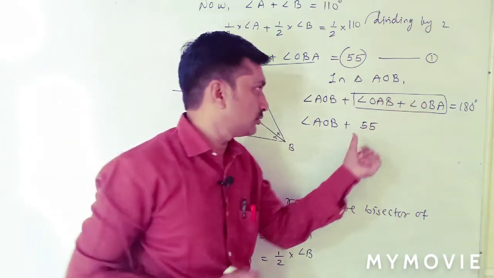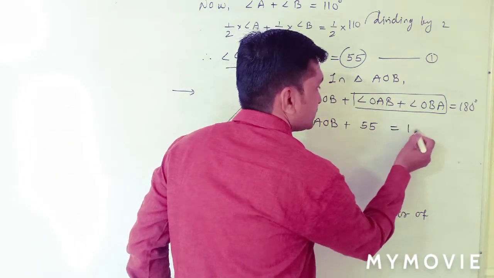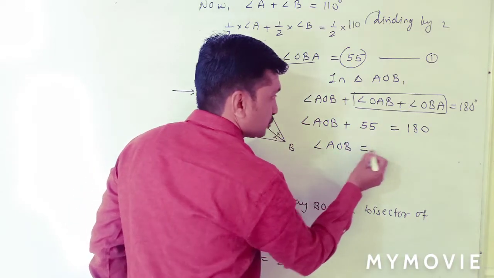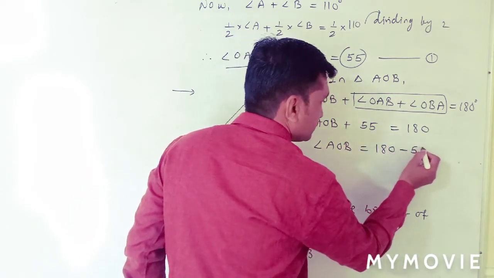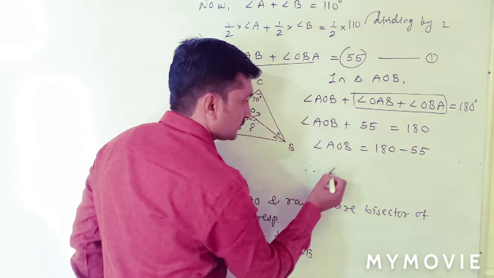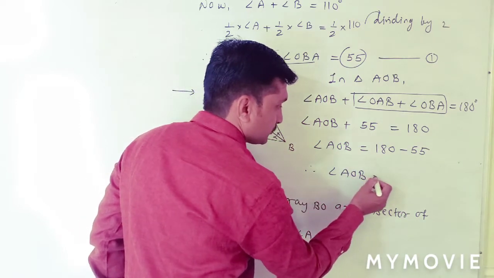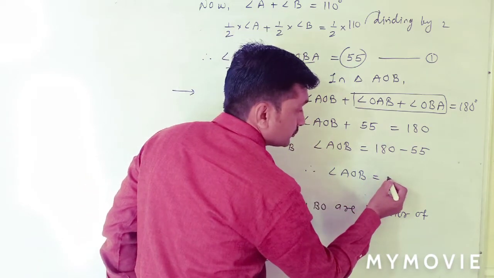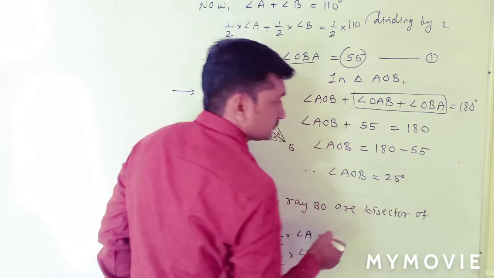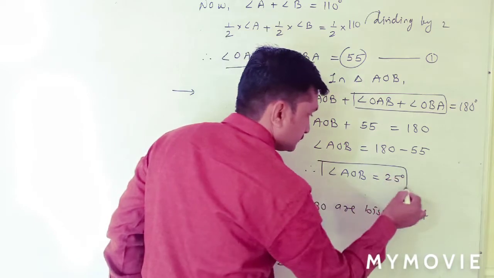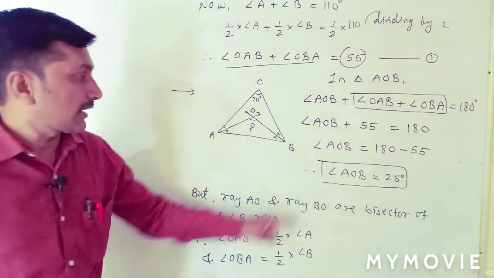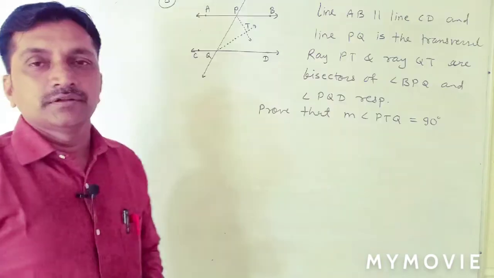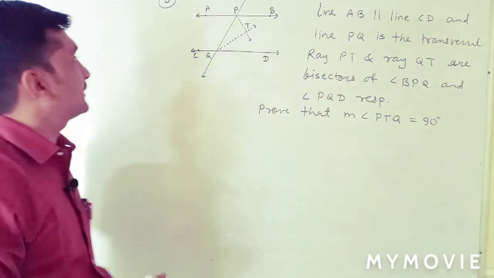Angle AOB is equal to 180 minus 55, and therefore angle AOB is equal to 125 degrees. Angle AOB we got is the answer. Let's see example number 8.